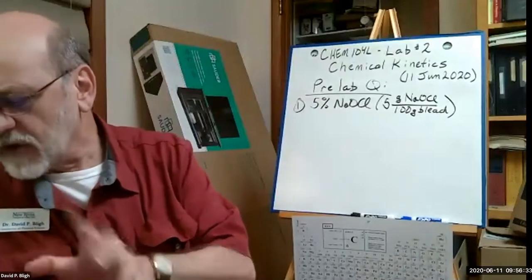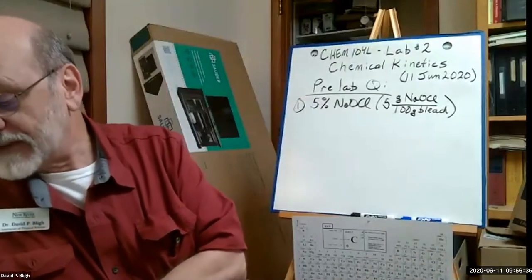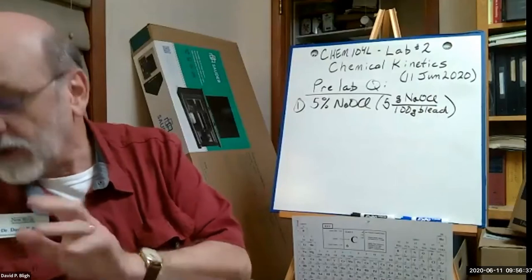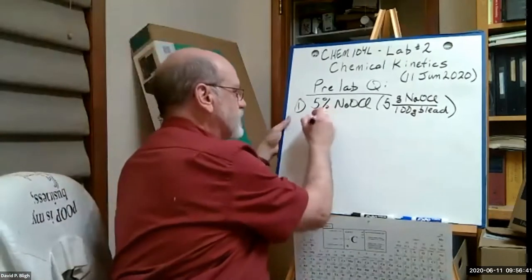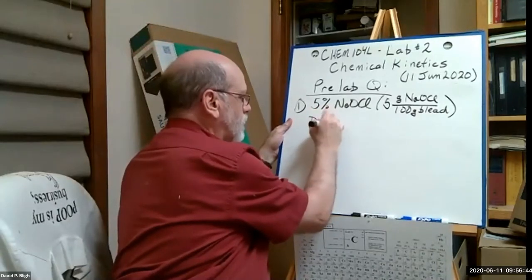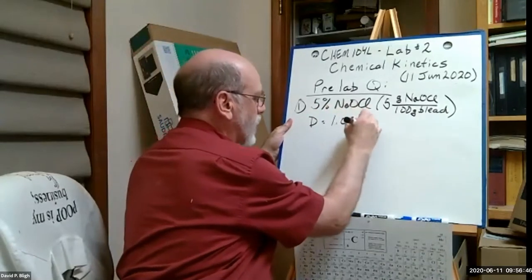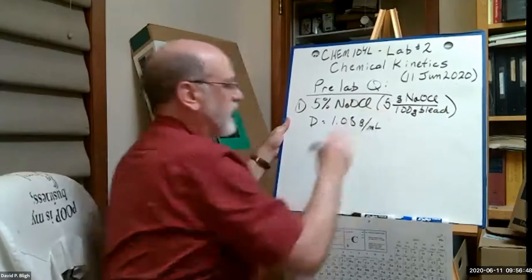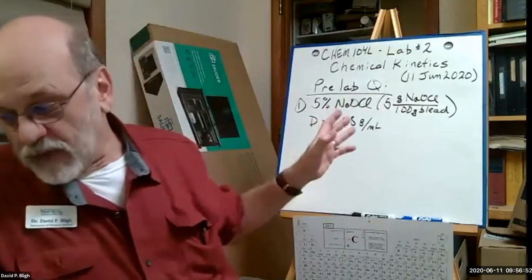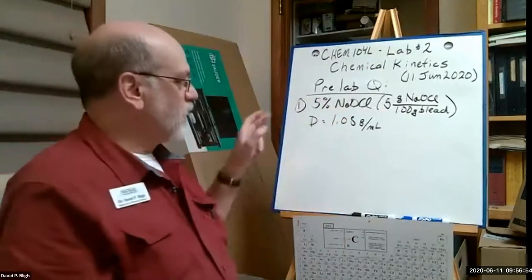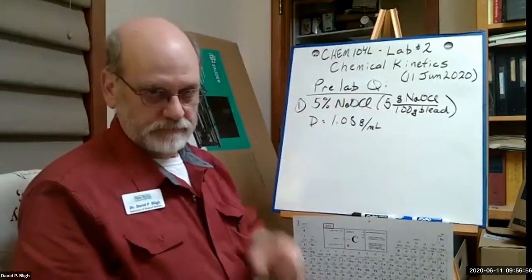Okay, now to the question. Let's see. More information we're given. The density of the 5% bleach is 1.08 grams per milliliter. That's its density. Now, why do we need to know that? Because the question is, what's the molarity of that solution?